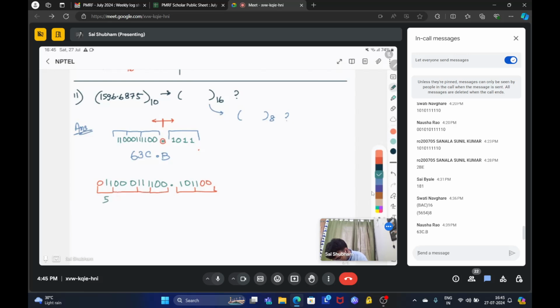This is equal to 3 actually. 3, 0, 7, 4. This is 5 and 4. Okay, so your answer is 3074.54 in octal. Does anyone have any doubt so far?